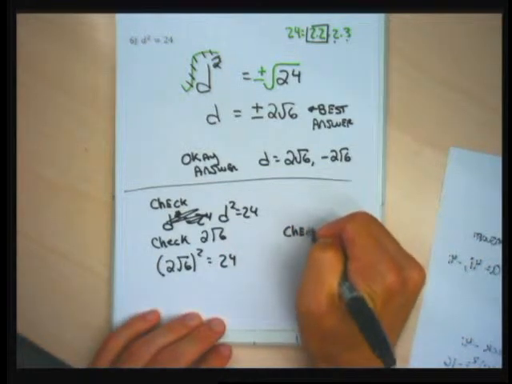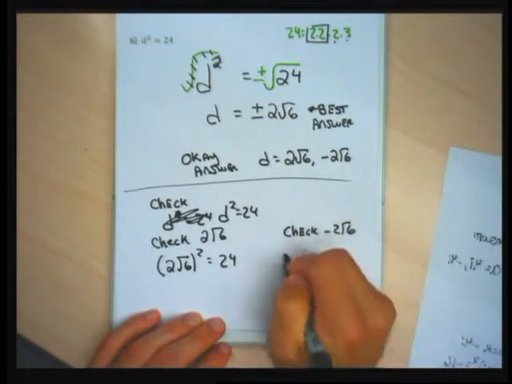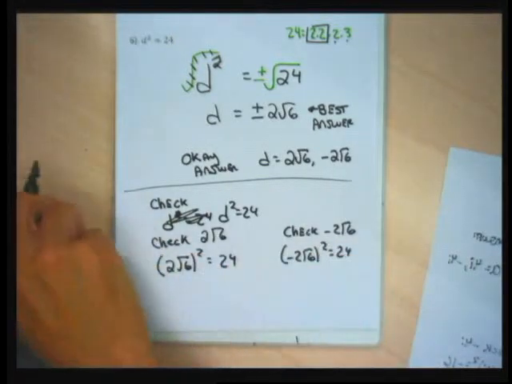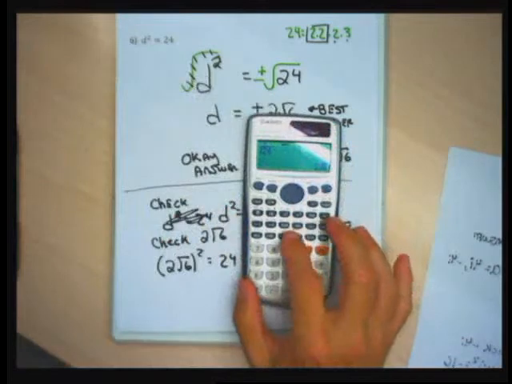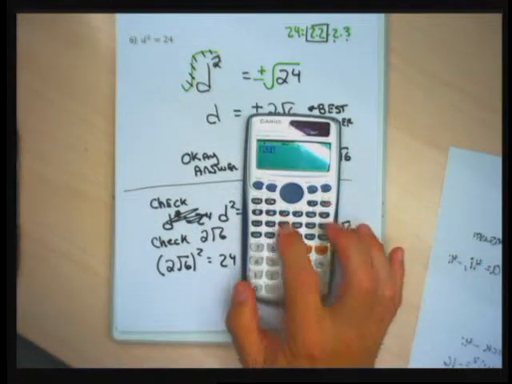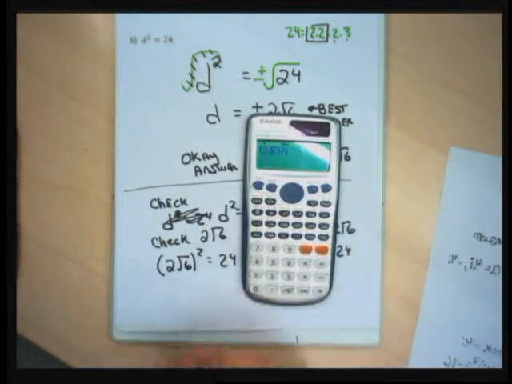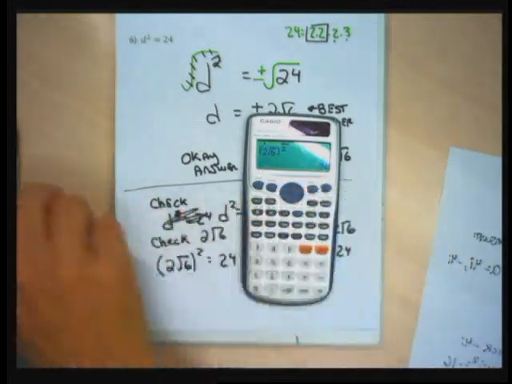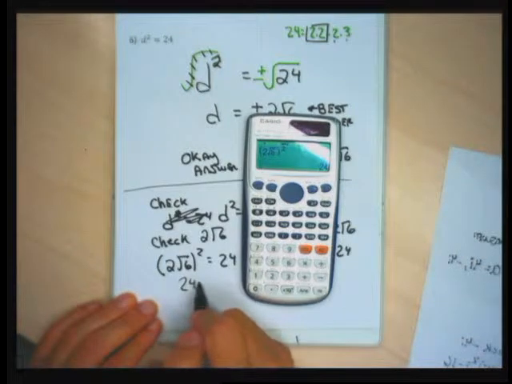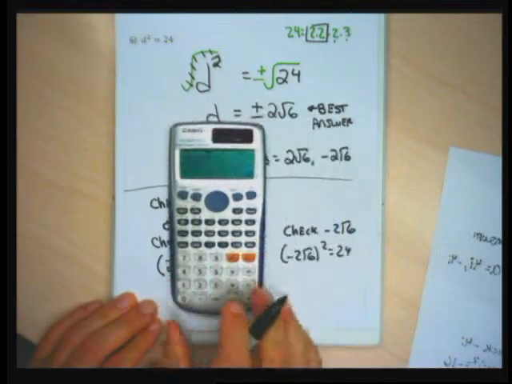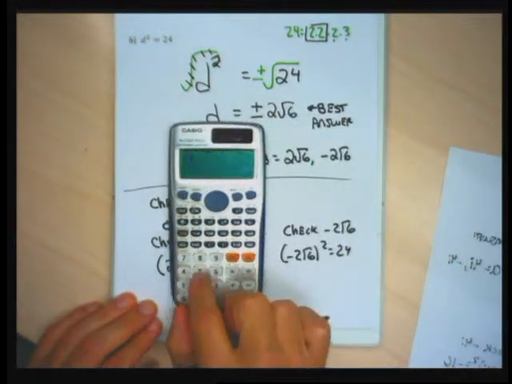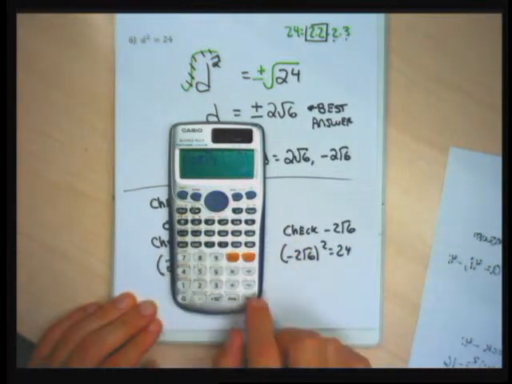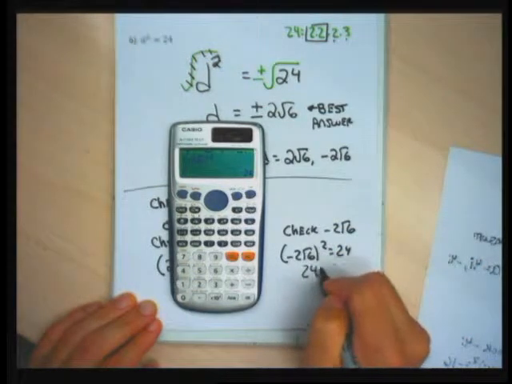I also need to check negative 2 square root of 6 and see that negative 2 square root of 6 squared equals 24. So quickly check. First one, 2 square root of 6 squared, and it equals 24, so that one's good. And then the second one, negative 2 square root of 6 squared also gives me 24 equals 24.